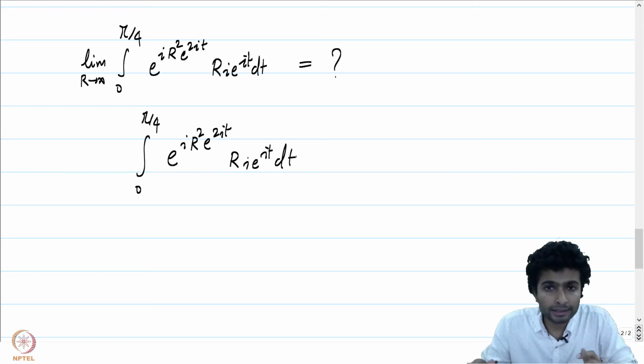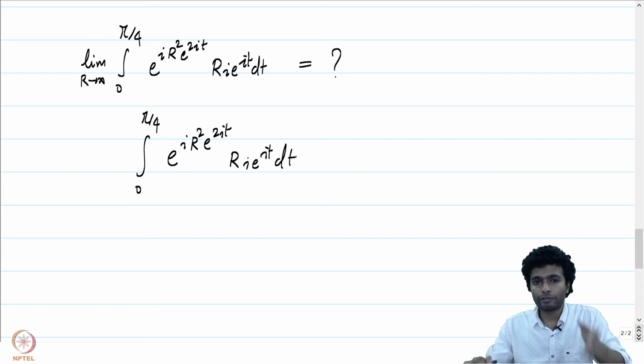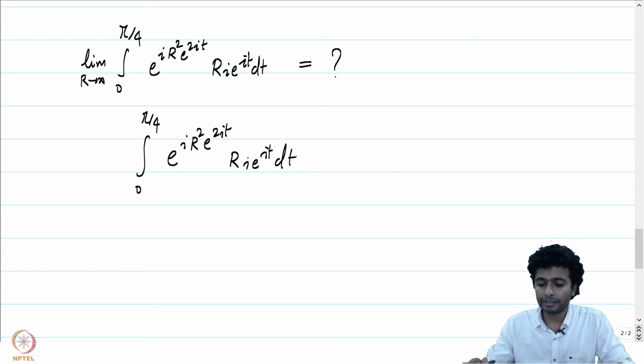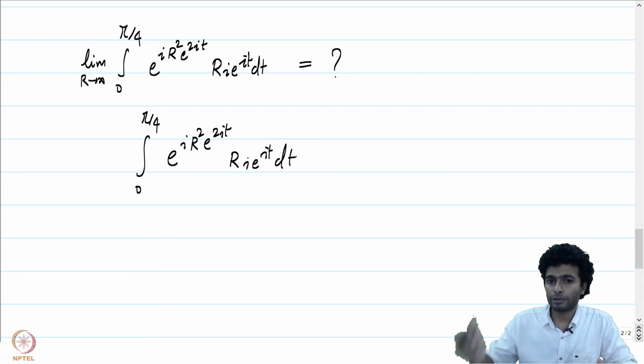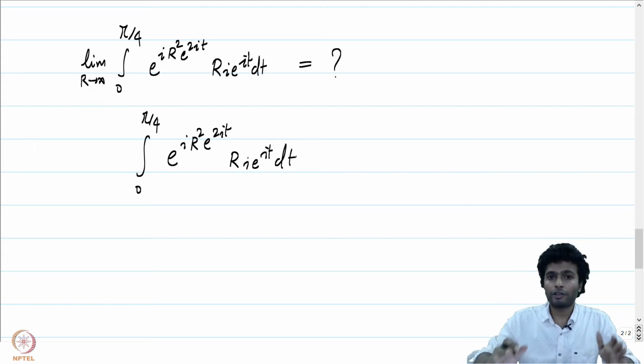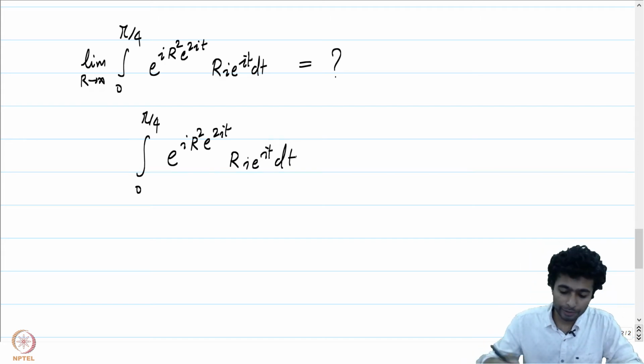And from real analysis, we know that the absolute value of the integral of f of t dt is less than or equal to the integral of the absolute value of f of t dt. This is all from a first course in real analysis that we will be using.